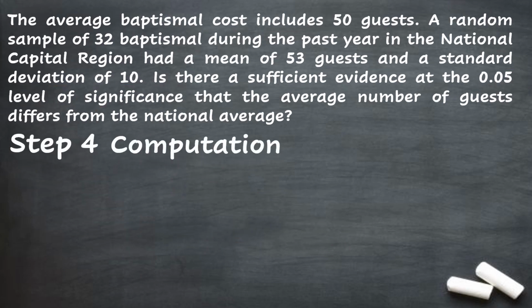Step 4 is the computation, but first we have to identify the given numerical values before we proceed further with the computation itself. Let's now identify the numerical values one by one. The first sentence states that the average baptismal cost includes 50 guests. So meaning to say the population mean is 50 since they are referring to the totality of the guests included for the baptismal cost. Next sentence, we have a random sample.